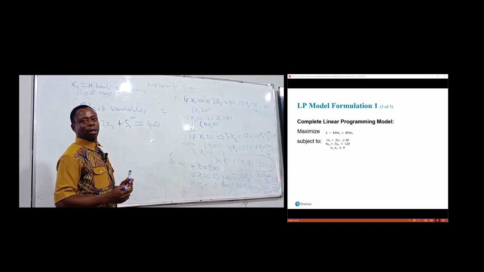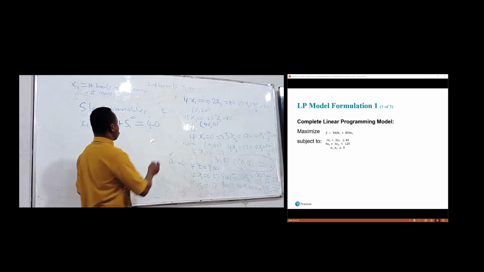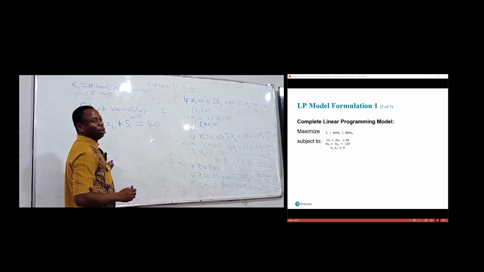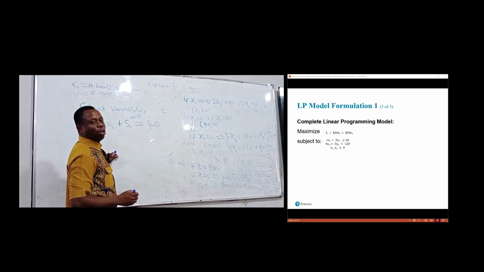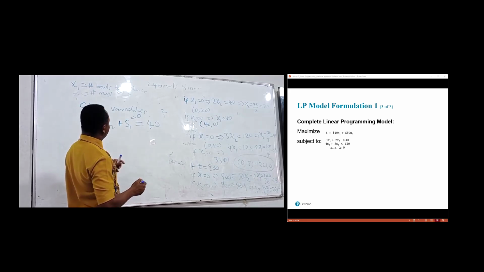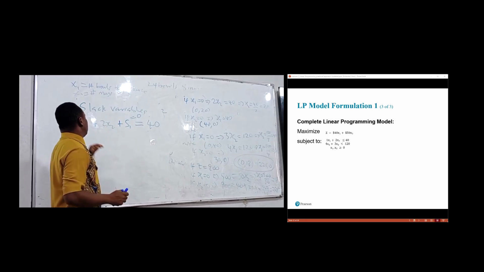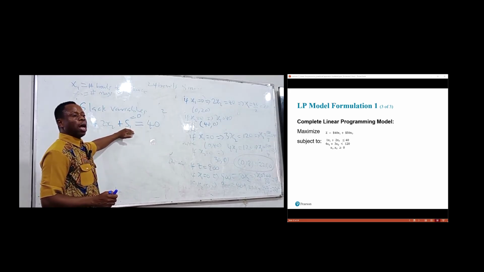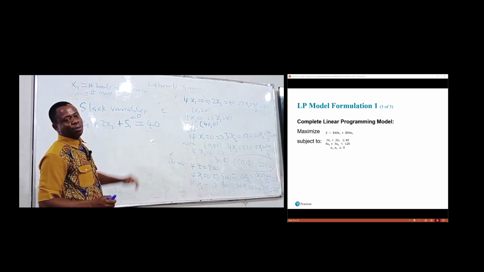So there's no slack. It's 0. The same for the second constraint. So the slack, as I said, is the value that has to be added to the constraint to turn it from an inequality to what? Equality.